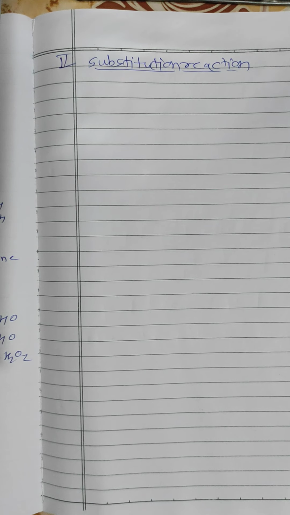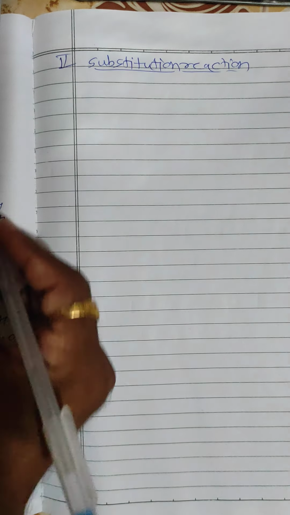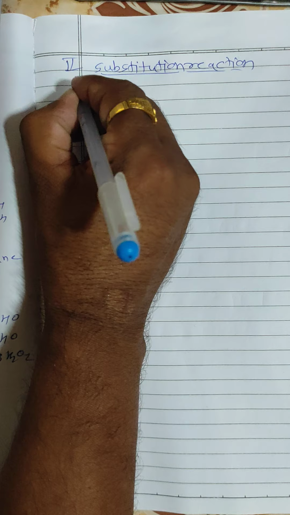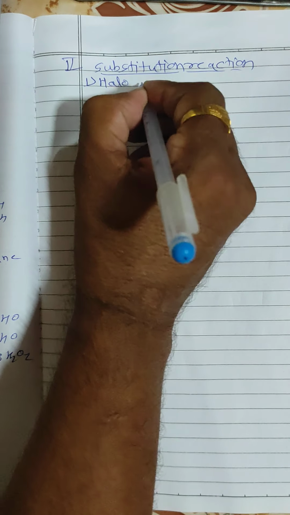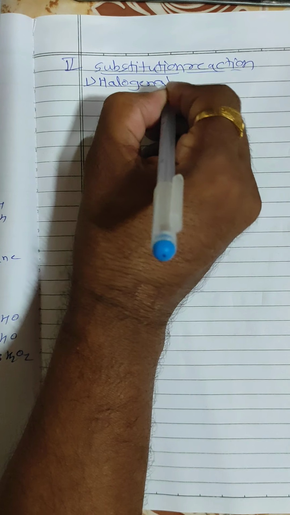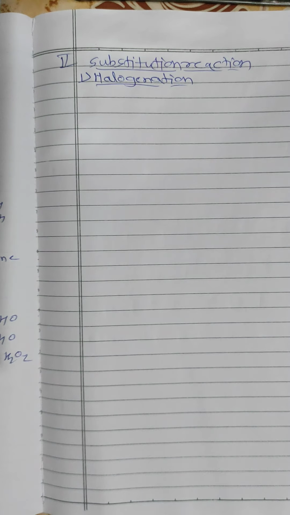So benzene shows electrophilic substitution reactions in which one or more hydrogen atoms of the benzene ring are replaced by electrophilic groups like Cl, Br, NO2, SO3H, R, COR. So the first reaction is halogenation of benzene.